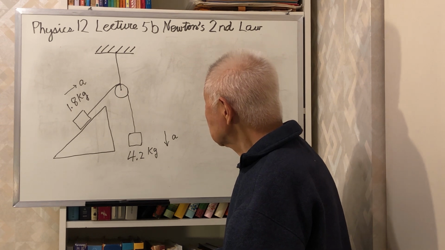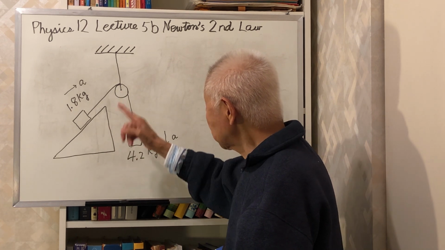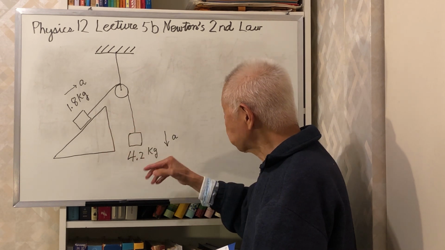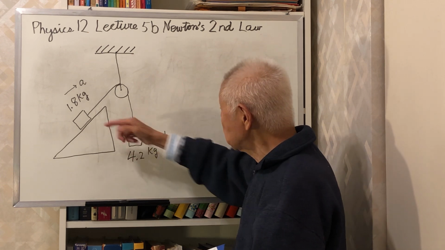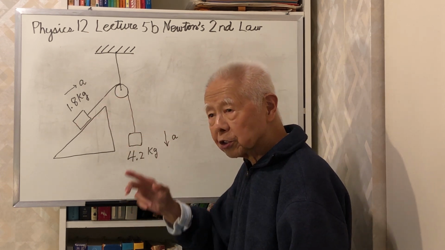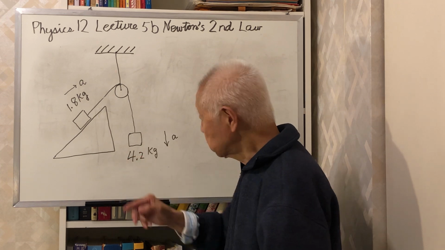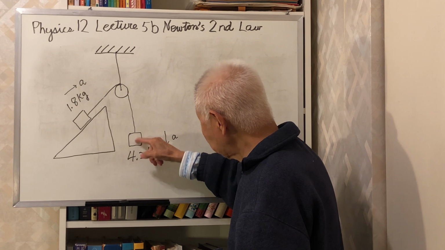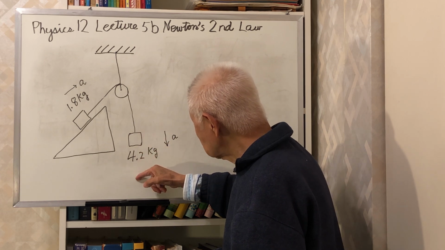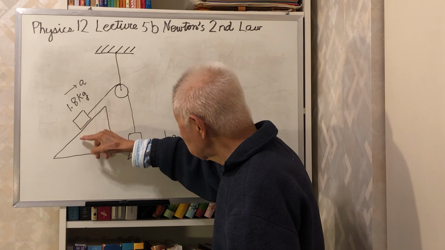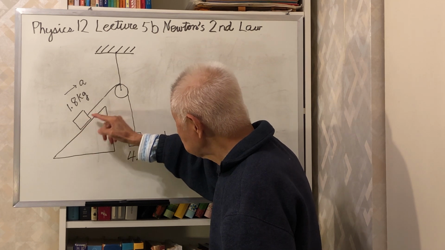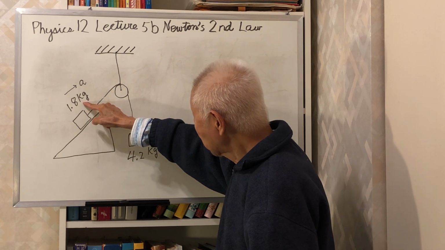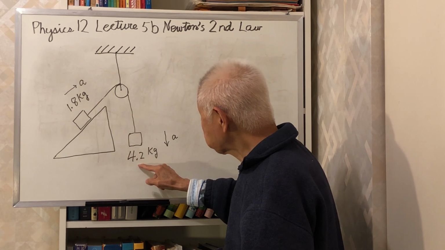Now, the difference between this one and the last one is: what is the force which causes the motion? The motion is this down and this goes up. What force is the cause of the motion? Of course you say immediately there is the force of gravity which pulls it down. But how about the force of gravity here? This force of gravity will pull this down. However, this mass is quite small compared with this mass.